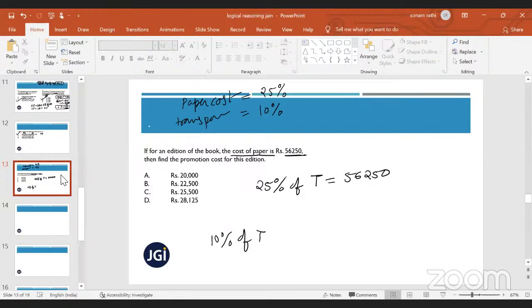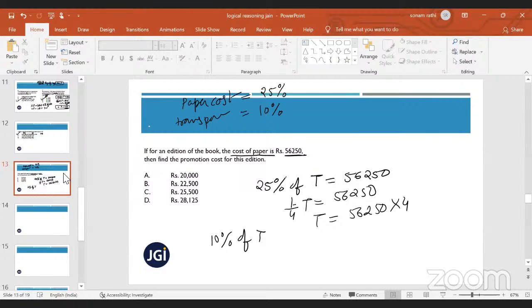What is the value of T? 1 by 4 of T is equal to 56250. T is equal to 56250 into 4.